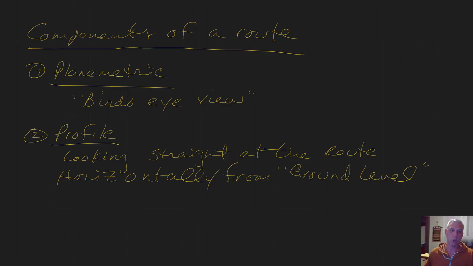So the planimetric, if I were to look straight down on a road, we would see the road, a curve, maybe another curve, and then out. And we would say there's a tree here, a tree here, a tree here. We're looking down on these trees. There might be a building here. The profile, on the other hand, is we're looking at it from ground level.